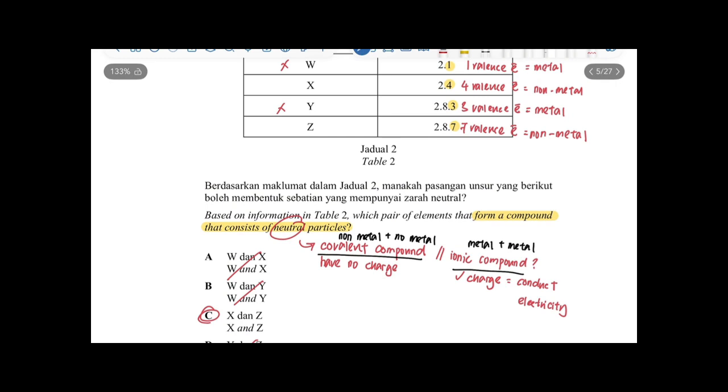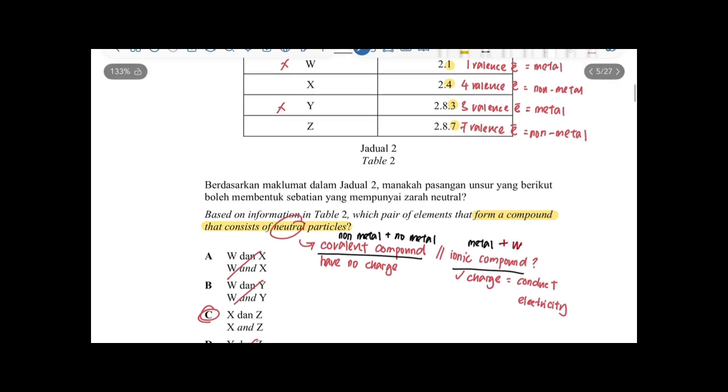So do you know how to form the covalent compound? A covalent compound is formed from the sharing of electrons between one non-metal and another non-metal. Meanwhile, an ionic compound is formed from the transfer of electrons from the metal atom to the non-metal atom.